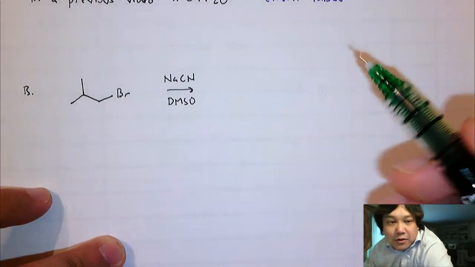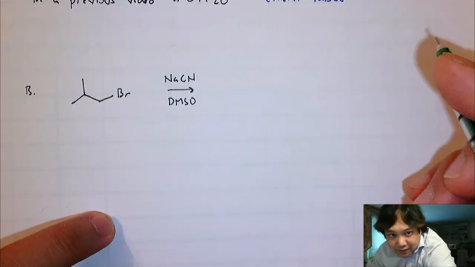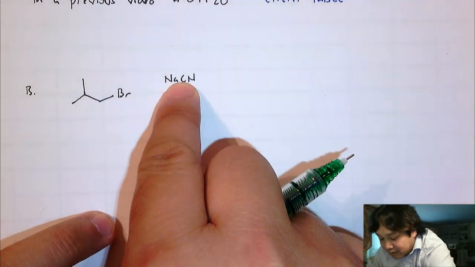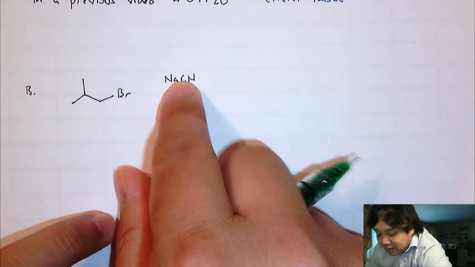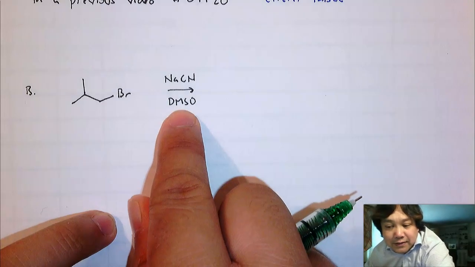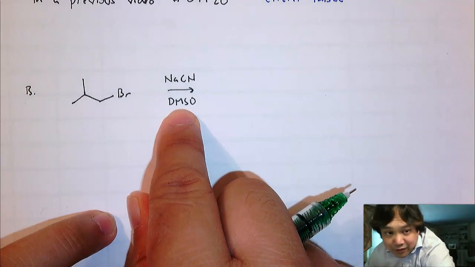I'm going to ask you to pause the video in just a second. When the video is paused, I want you to draw the nucleophile with the lone pair and the possible charge. I want you to figure out whether DMSO, looking through your notes, is polar protic or polar aprotic.